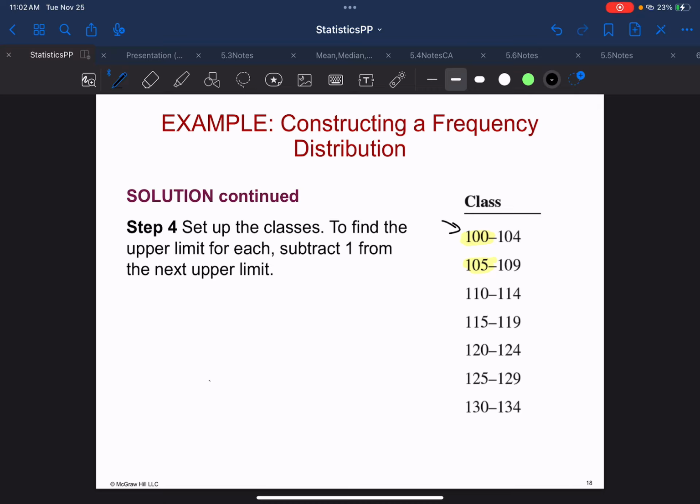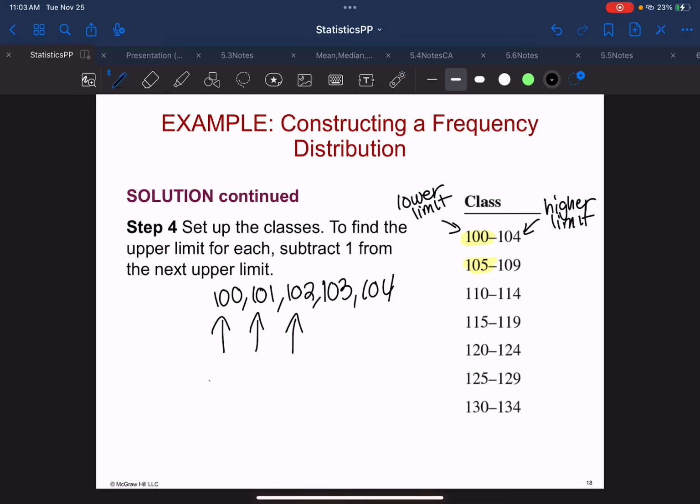So here, this is the lower limit of the first class, and 104 is the higher limit of the first class. So it includes the numbers 100, 101, 102, 103, and 104, which is 5 numbers.